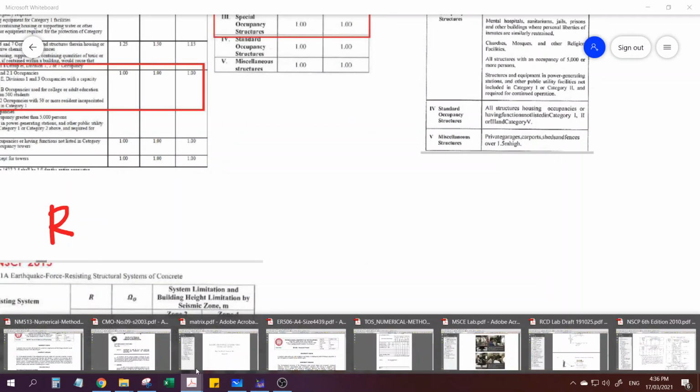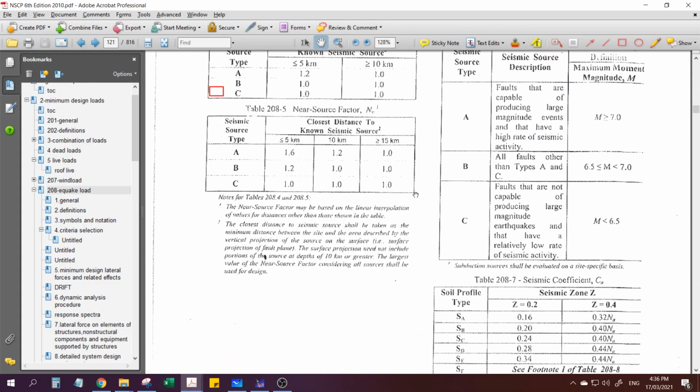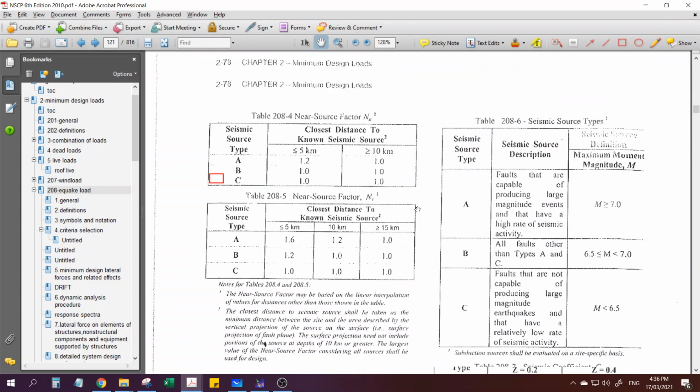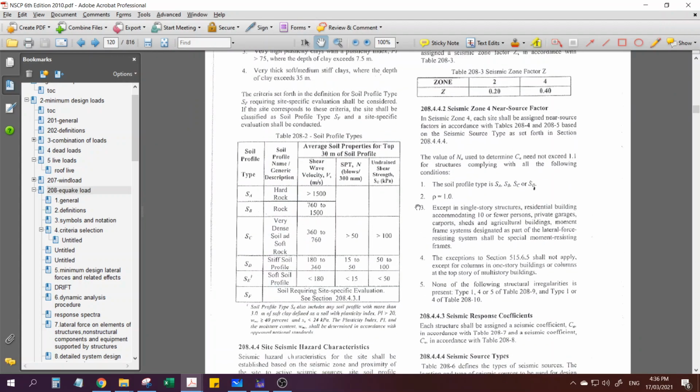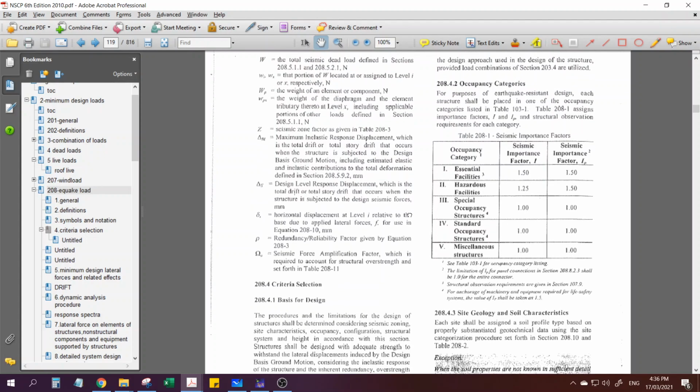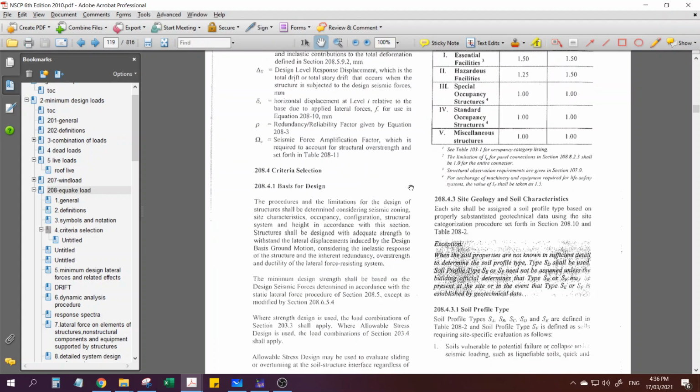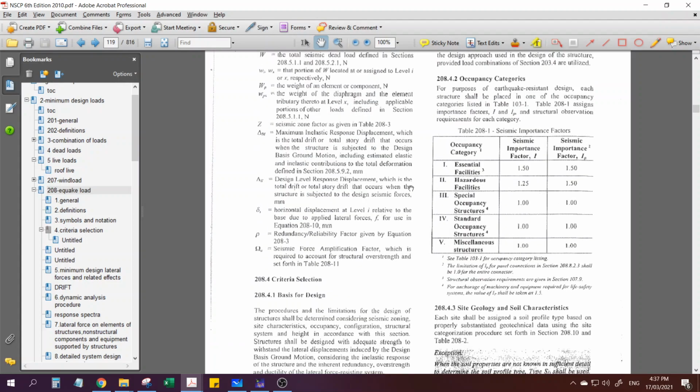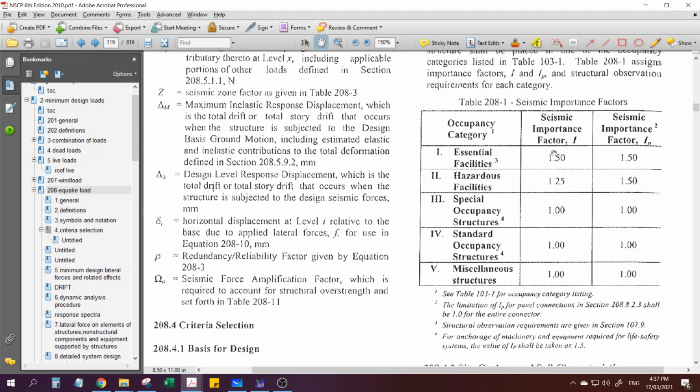How about the definition of NSCP? Okay, nothing. This is it, essential facilities.